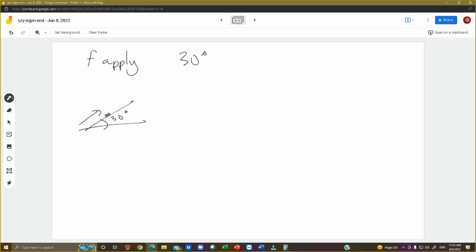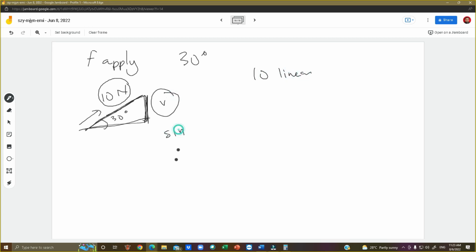So bila kita nampak case macam ni, katalah force ni 10 Newton, meaning that this is actually a derivation of dua arah hypotenuse ni. It include vertical. Tapi 10 Newton tadi, 10 Newton linear. Kita tak include lagi vertical. So to include vertically, kita kena pakai sin theta.